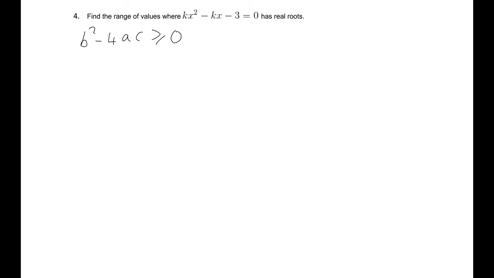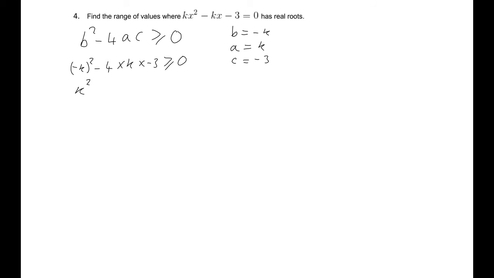Now in this case, b equals minus k, a equals k, and c equals minus 3. So we've got to plug all of those values in. So you get minus k all squared minus 4 times k times minus 3, and that's bigger than or equal to 0 still.